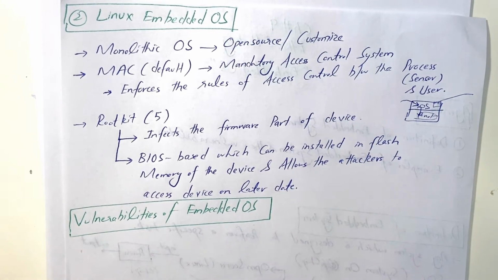So the attacker can access that device later on as well. There are different types of rootkits which are very common nowadays.